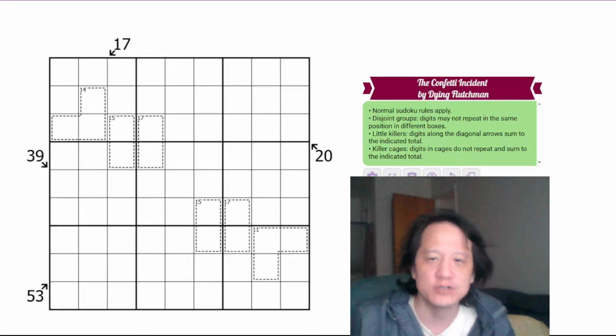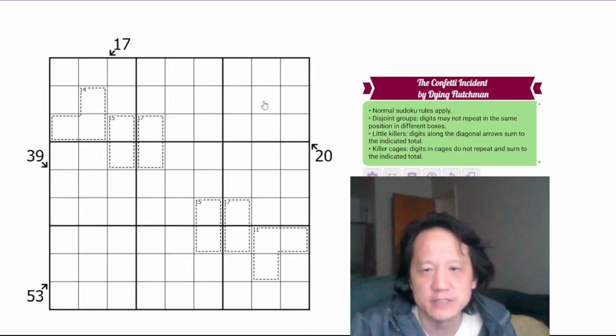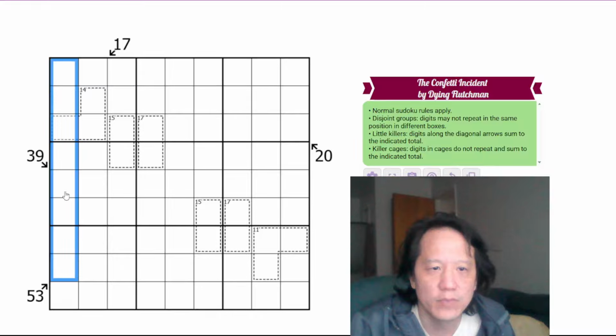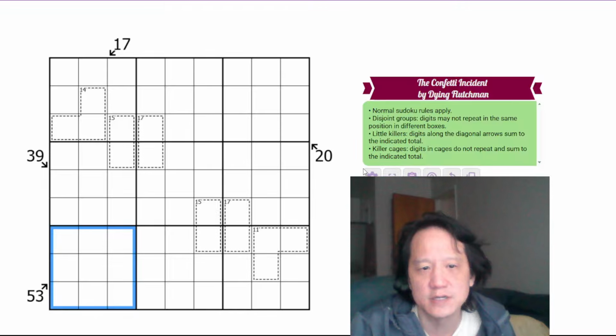We have normal Sudoku rules apply, which means in every cell in the grid, place a single digit from 1 through 9 such that there are no repeats in any row, column, or designated 9-cell region, which is a box in this case. We have the disjoint groups rule, where digits may not repeat in the same position in different boxes.